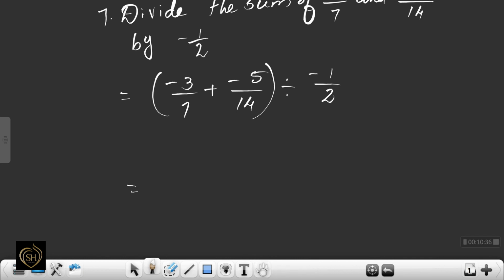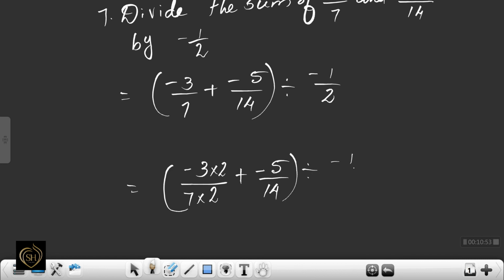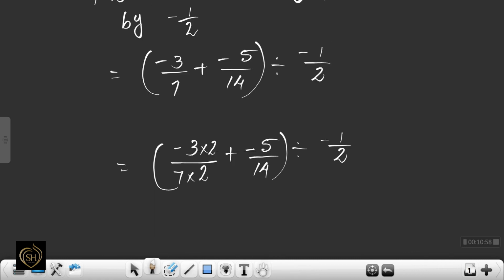That is equal to, here the LCM of 7 and 14 we can see is 14. So the first number is multiplied by 2, plus no change for the second one, divided by negative 1 by 2. That is equal to negative 6 by 14 plus negative 5 by 14, divided by negative 1 by 2.